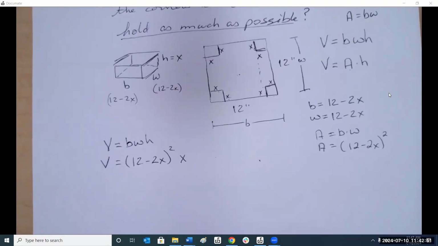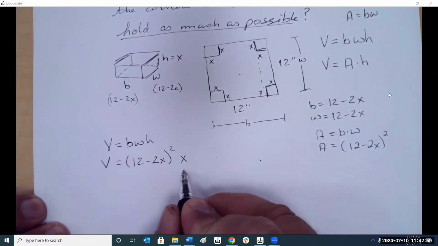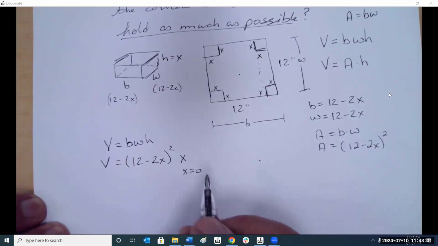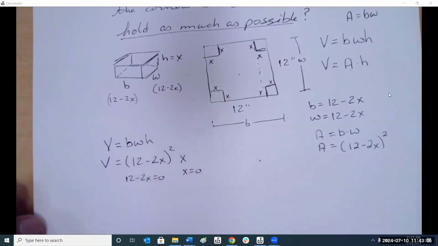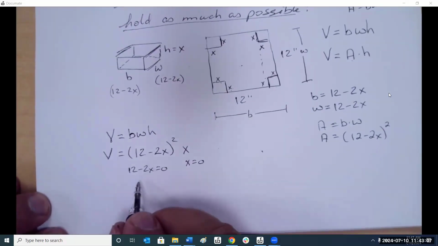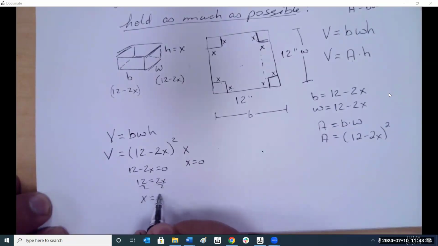If we solve for x, what good is that going to do? No. Let's look at, if we take both x's, so we have x equals 0 and 12 minus 2x equals 0. So 12 equals 2x, divided by 2, x equals 6.